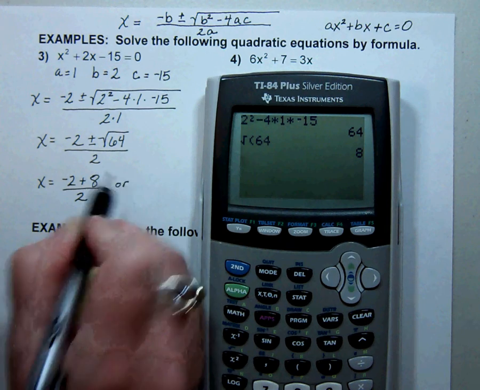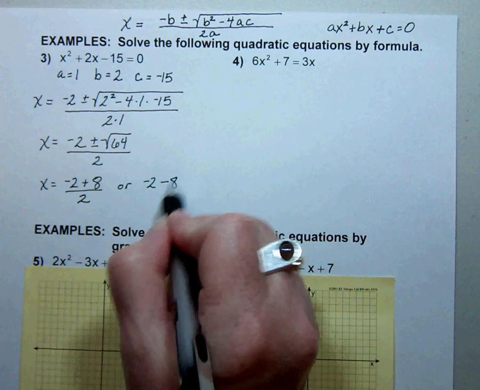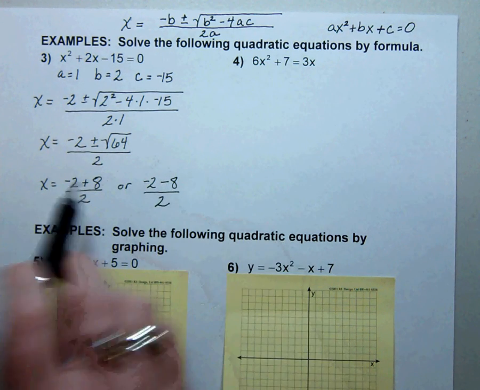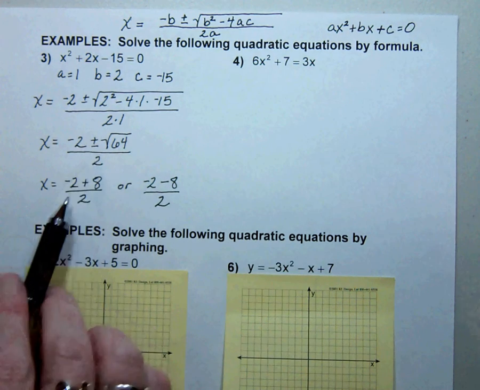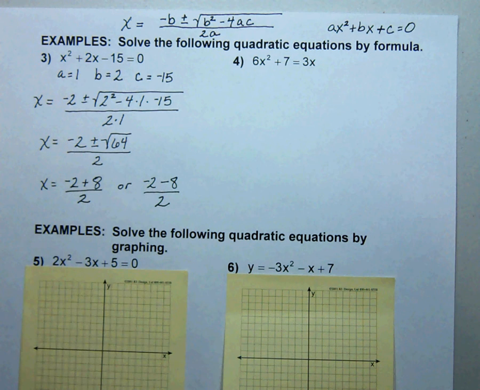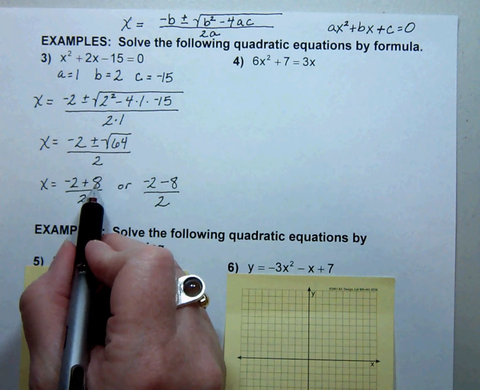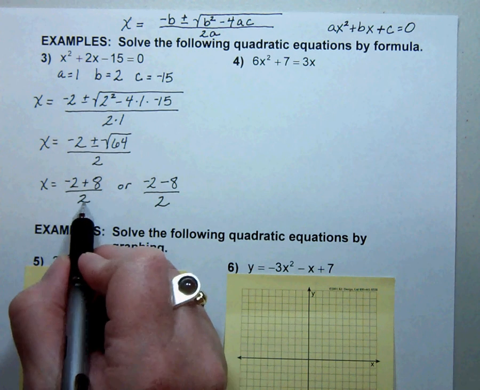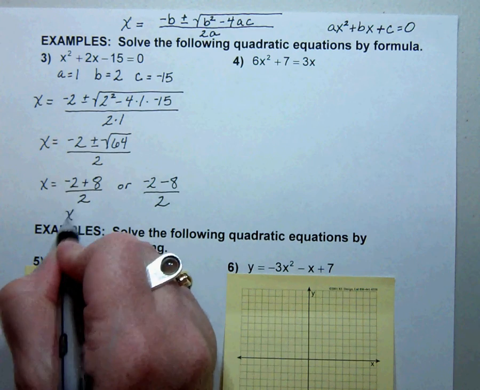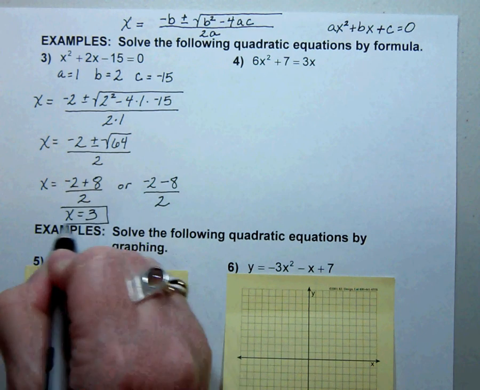Or your second answer, you're going to do negative 2 minus 8 divided by 2. Because of the plus and minus, you need to add and subtract your answer to the square root of 64. So on this first one, negative 2 plus 8 divided by 2, that's going to be 6 divided by 2, so that's 3. That's your first answer.